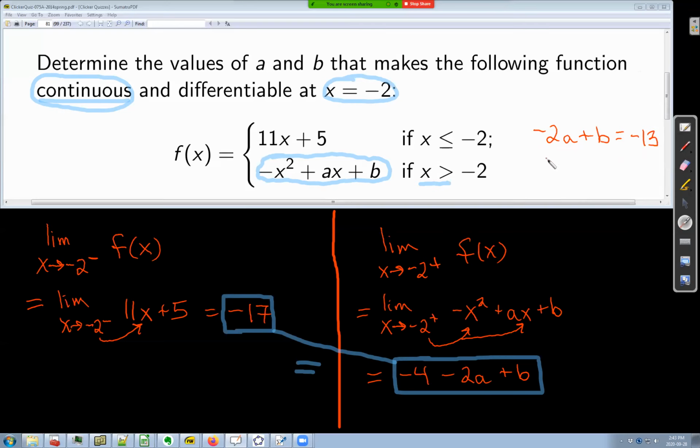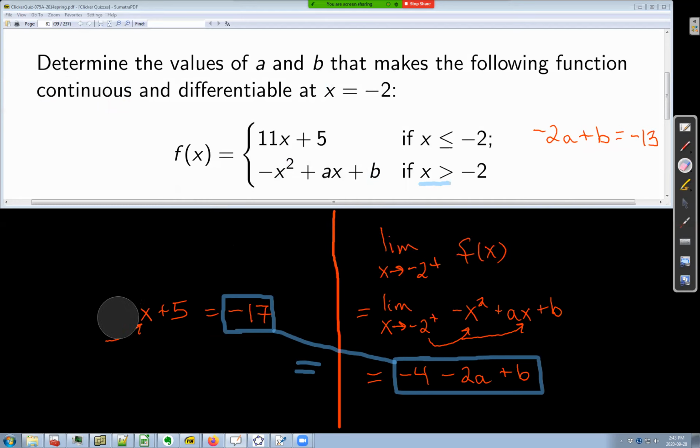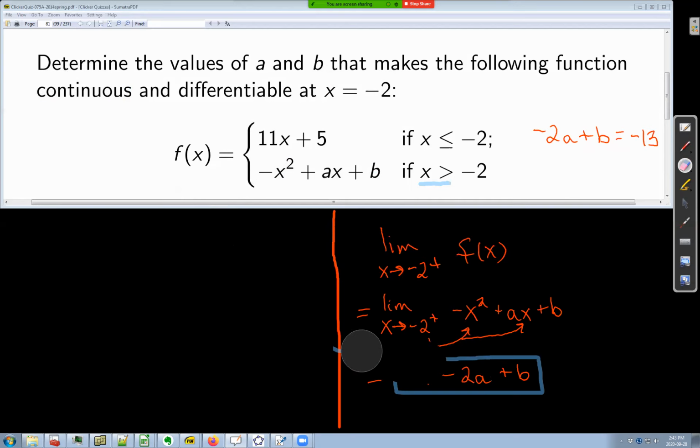In other words, I'm not done with the problem yet. So how am I going to get more information? While I'm erasing, you can think about that.